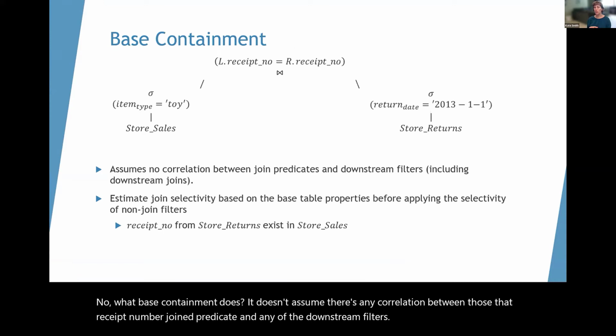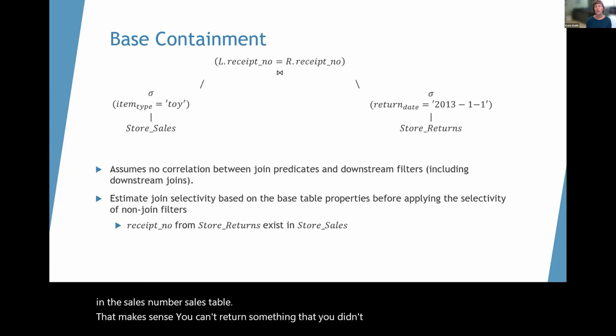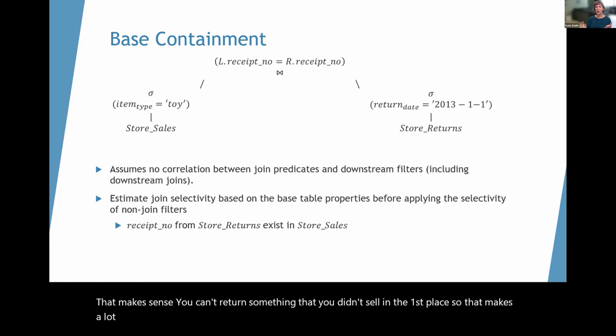But it is reasonable, of course, to assume that every receipt number in the returns table exists in the sales table. That makes sense. You can't return something that you didn't sell in the first place. And that's how base containment works.